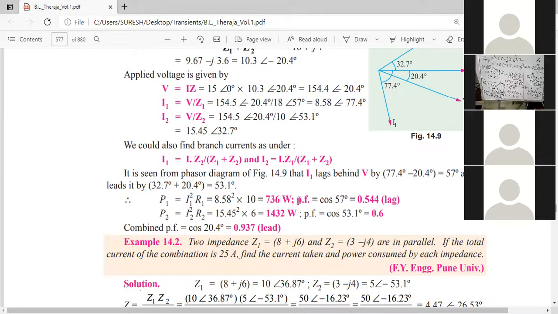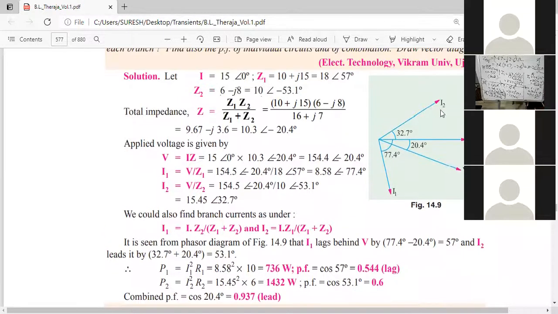This is power P1, this is power factor 1, and this is power factor 2. Total power factor is 0.937 leading. Here also 0.6 leading. Now we'll draw the vector diagram.